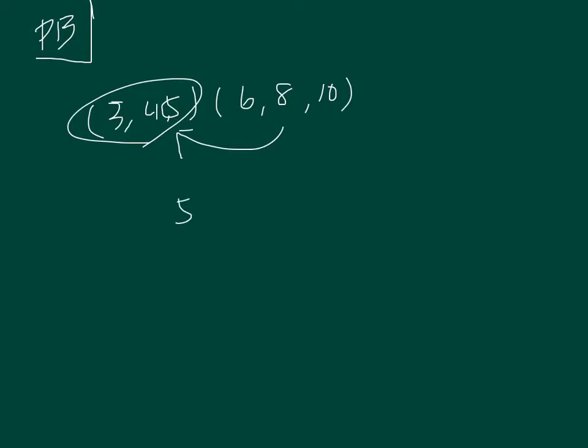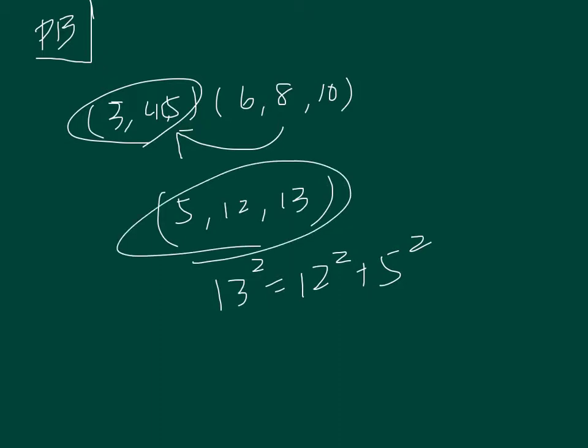Another example is 5, 12, 13, which is a Pythagorean triple because 13 squared is 12 squared plus 5 squared. But these numbers don't belong to the 3, 4, 5 family for some reason. What is the reason? I want you to look at the 4 triplets in problem number 13 and tell me which one does not belong to the same family of Pythagorean triples.